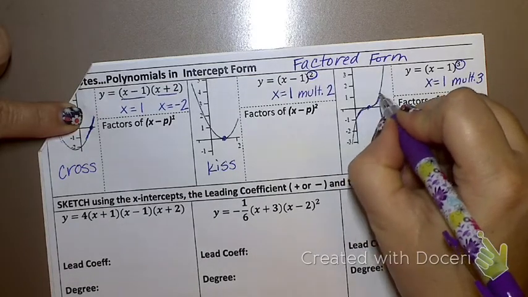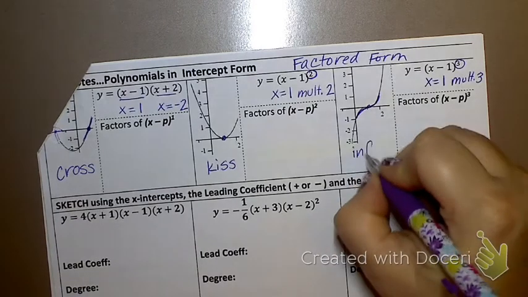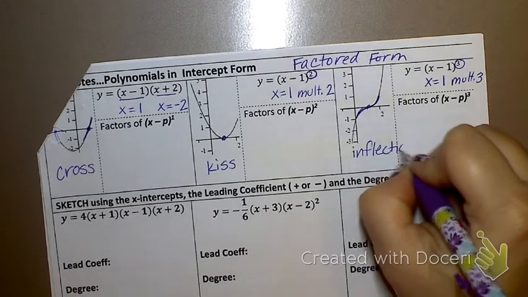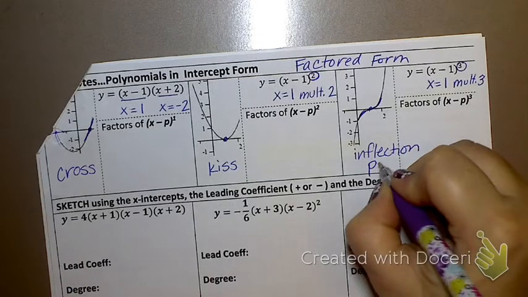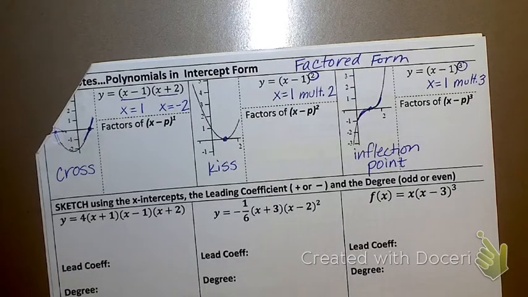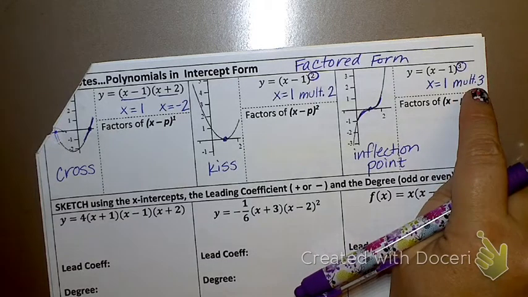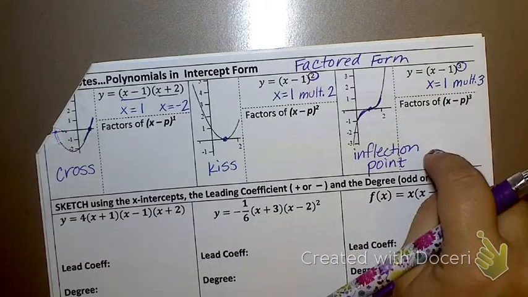It's got a wiggle. That wiggle has a special name. It has an inflection point. Remember we learned that when we were doing cubics? So a multiplicity of 3, like a cubic, has an inflection point.